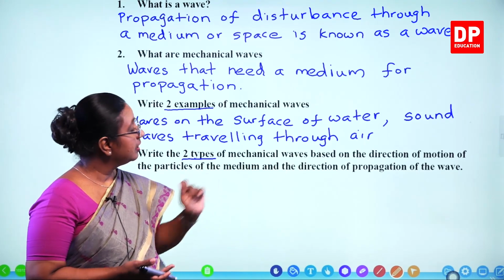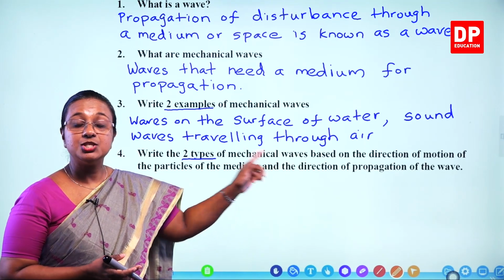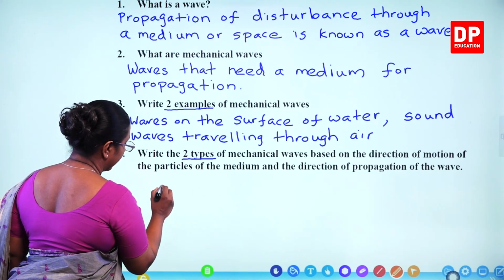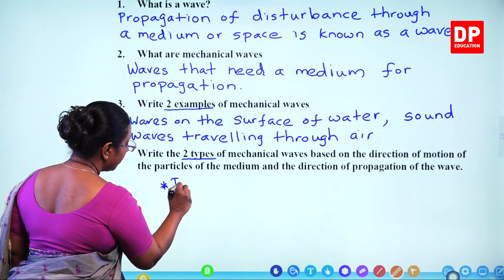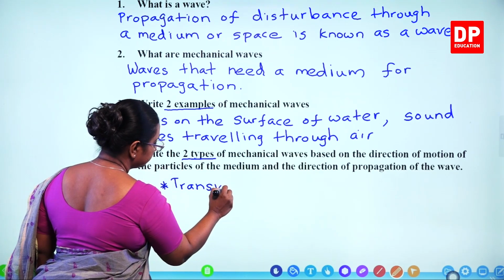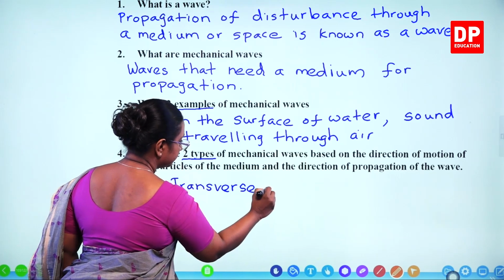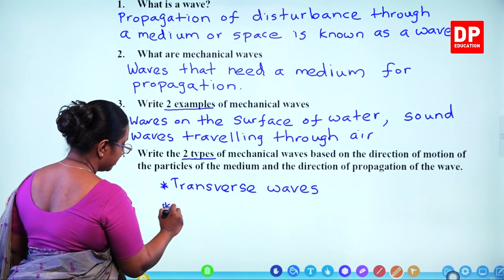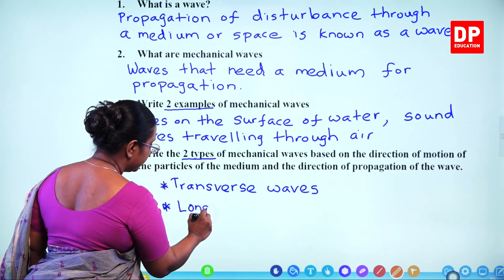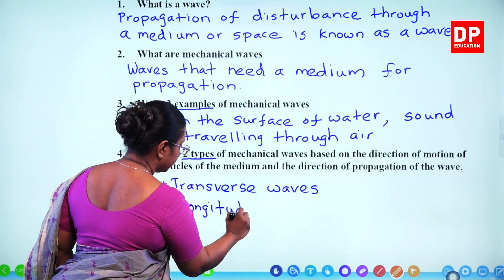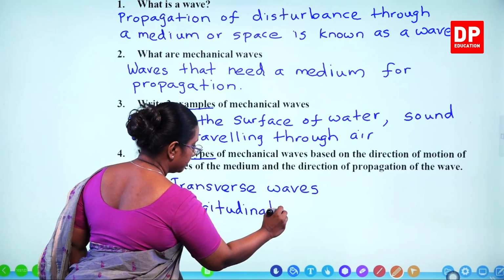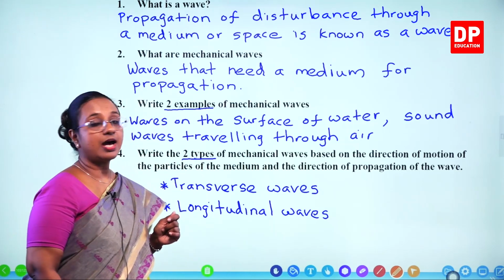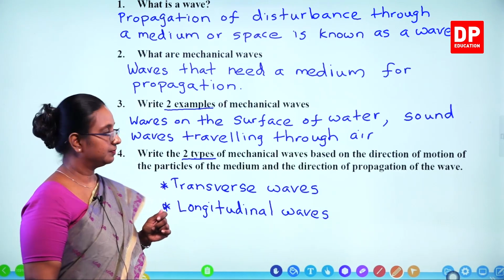And in a longitudinal wave, these 2 are parallel. So here we only need to write the 2 types. Transverse waves and longitudinal waves. So those are the 2 types of mechanical waves.